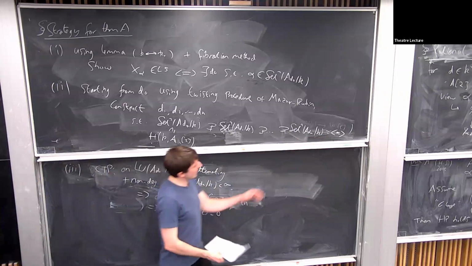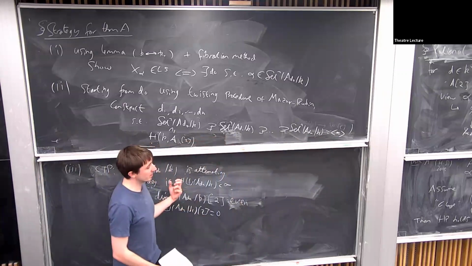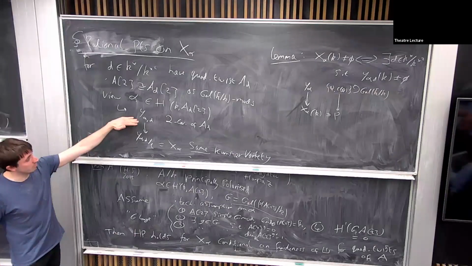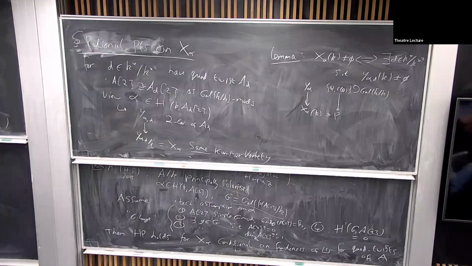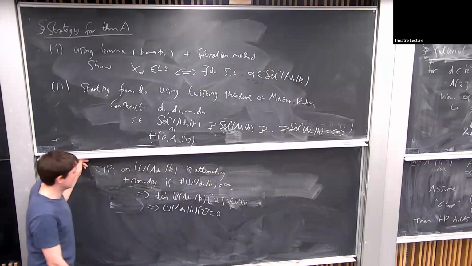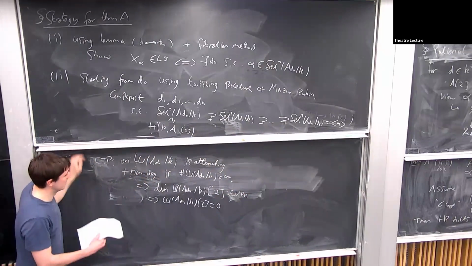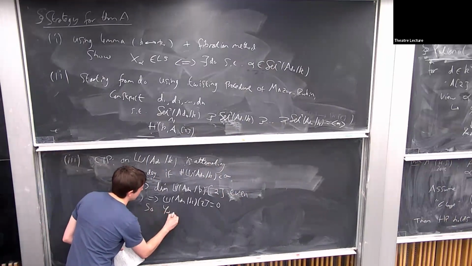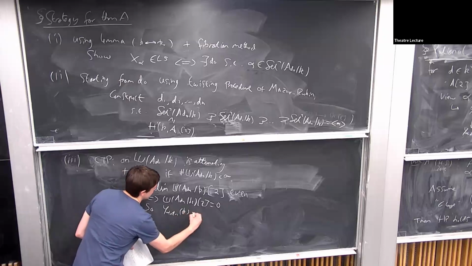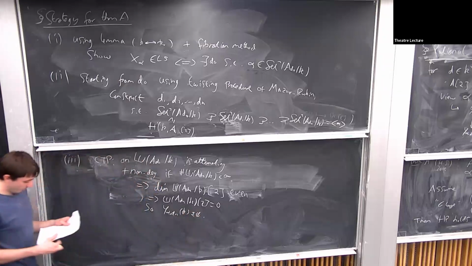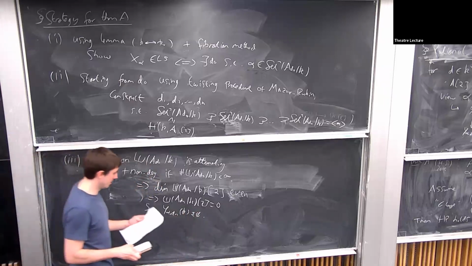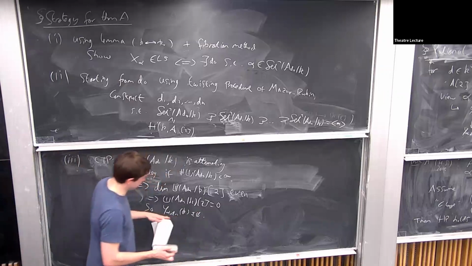So the given class has to map to zero inside H1, and the corresponding covering has to have a rational point, which you can project down to the correct one.